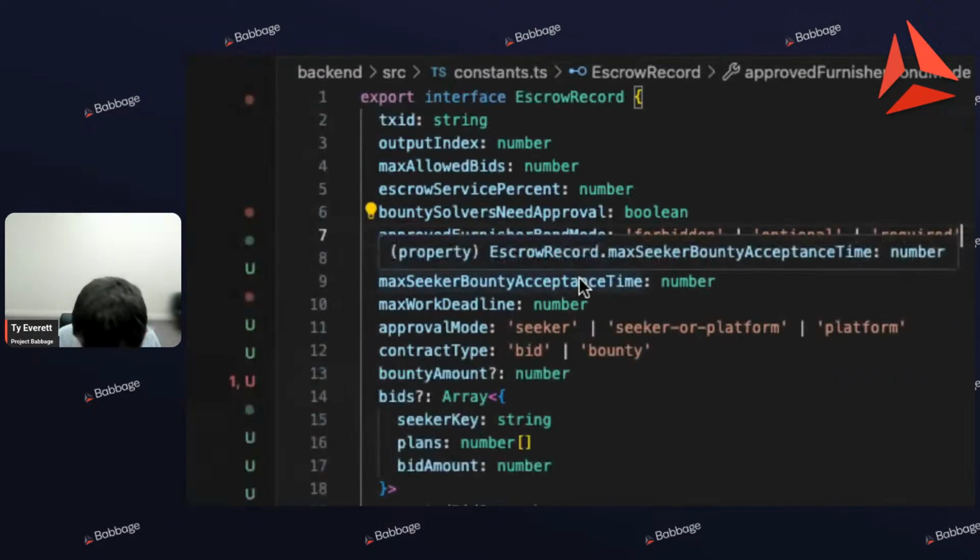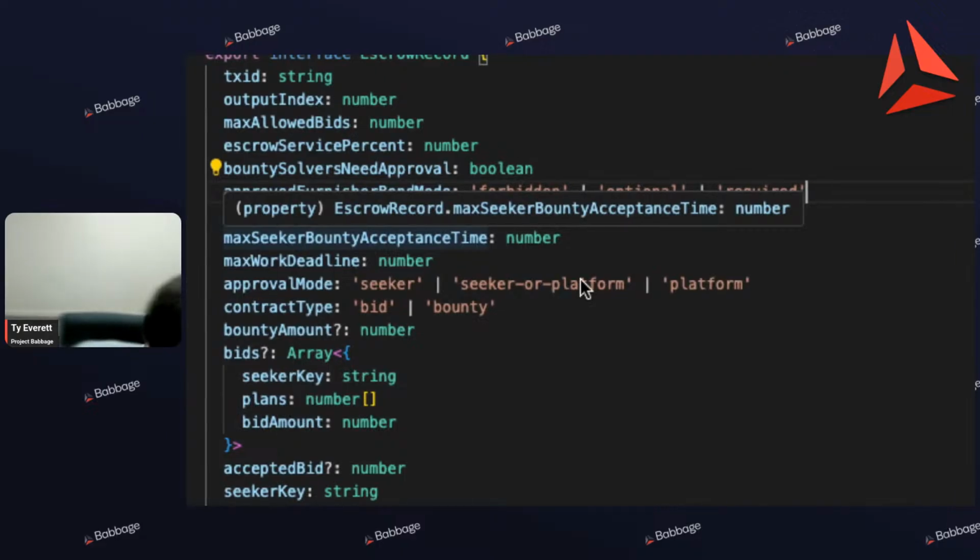Right? Because if I want to cancel the bid, I want to cancel my acceptance of a bid if you don't cooperate within a certain amount of time.